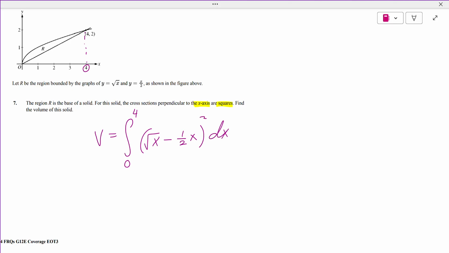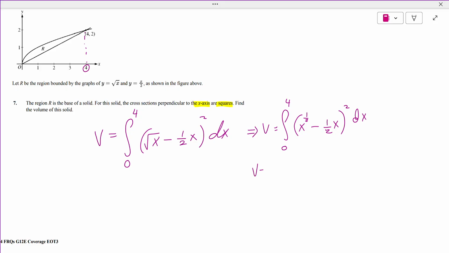Let's use the expansion of this binomial as we explained in the previous video. So the volume equals the integral from 0 to 4. I would like to break it down into more steps. So this is x to the power of 1 over 2, and this is 1 over 2 x. This is all raised to the power of 2 dx.